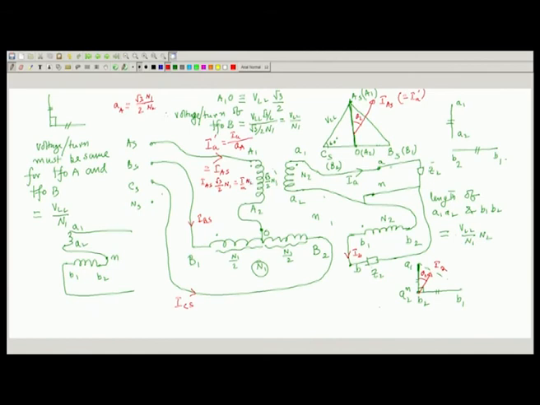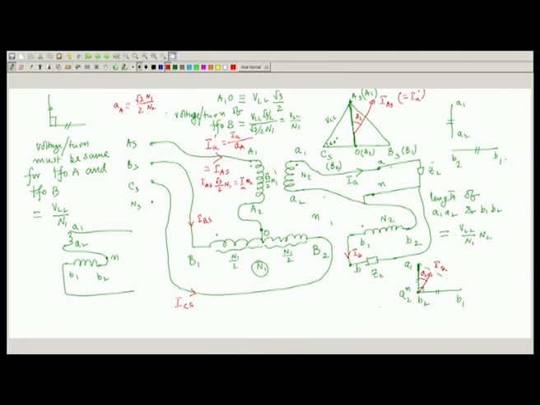Same thing I will get, this is I A S, which is I A dash, if you bring it down here the same thing you will be getting. Got the point? This one N 2, root 3 by 2 N 1 by N 2 is A.